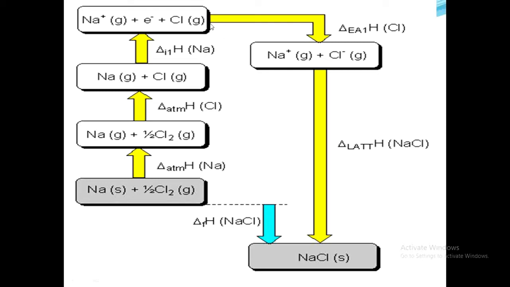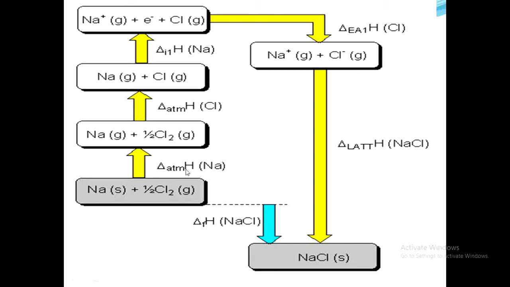This is an exothermic process, that's why the formation of the chloride ion is at a lower energy level than the previous step. Then the gaseous sodium positive and chloride ions react to form solid sodium chloride. This step is known as delta H lattice, or lattice enthalpy.